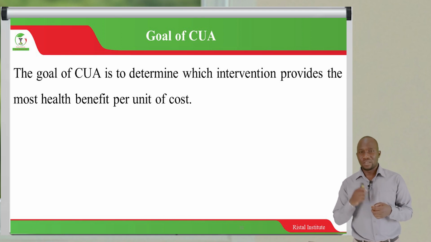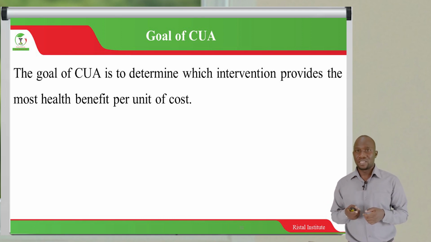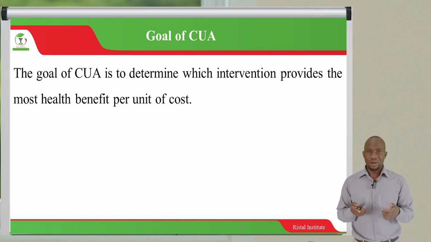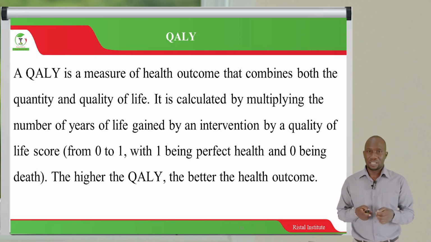What benefit do you get per unit cost in terms of dollars or other denominations? QALY is a parameter that we can use. It gives us information that is both qualitative and quantitative in nature. It helps us in determining what people feel about their own health and then also comparing it with the costs.